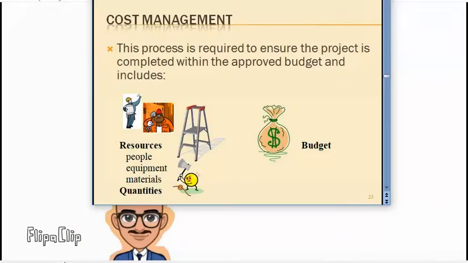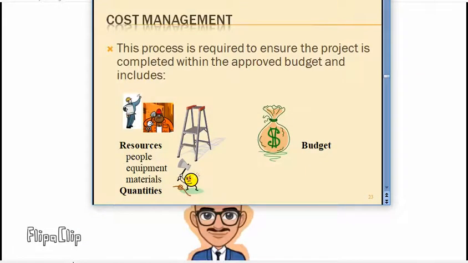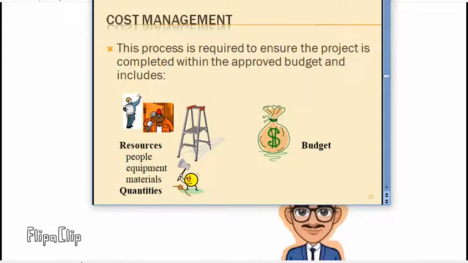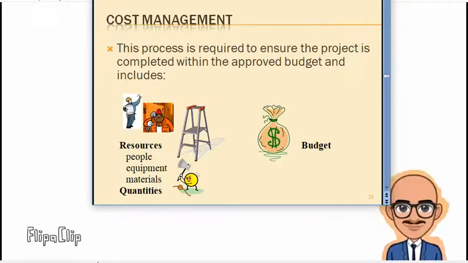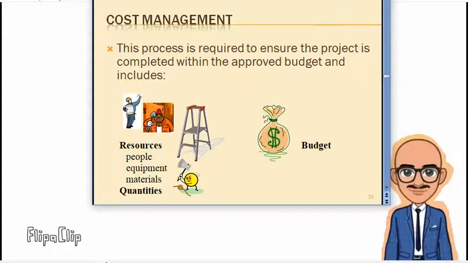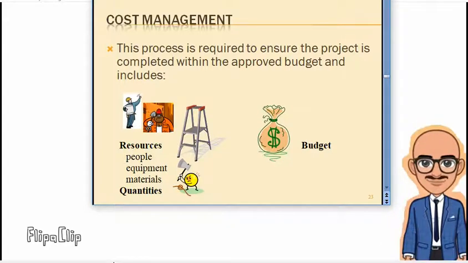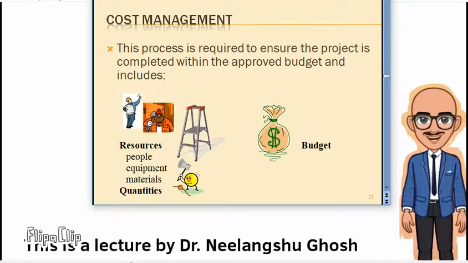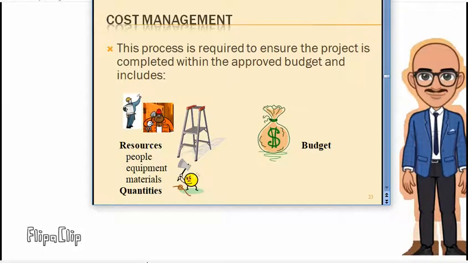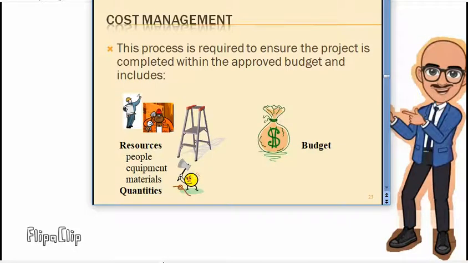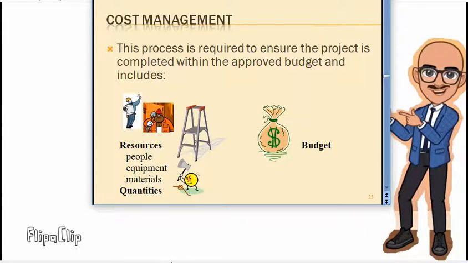But while actually making the building, if the cost of the equipment changes, or the cost of the materials changes, then the budget will also change. So you have to keep the materials and also the people in mind. While making your home, if you have thought that you will be using say 20 people, and in actuality you have to use 25 people, then the cost will also increase.